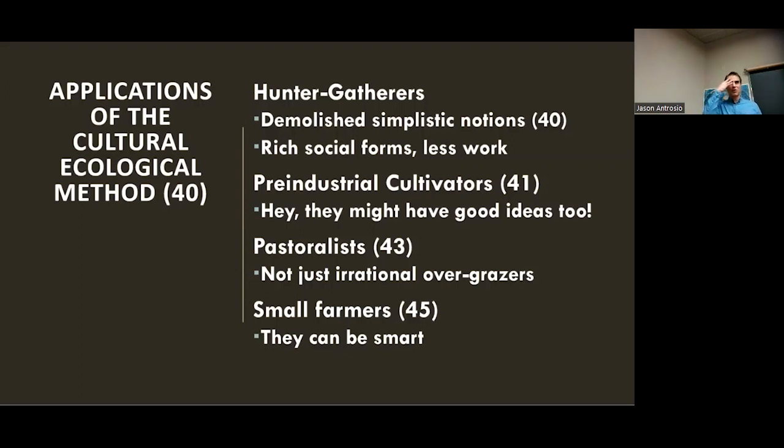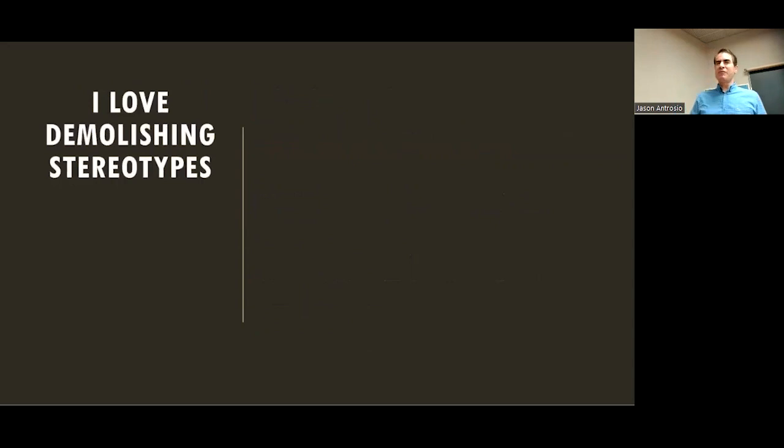So our idea that small farmers are simply caught in irrational delusions and don't have the science turns out to be wrong as well. In other words, anthropology and the approaches we've been talking about have been at their best when they have been demolishing the stereotypes we have about traditional societies.